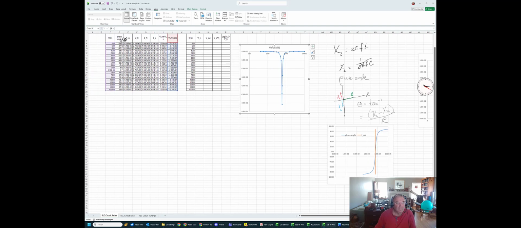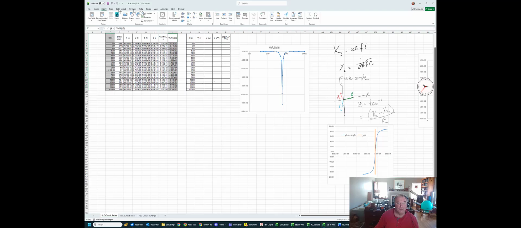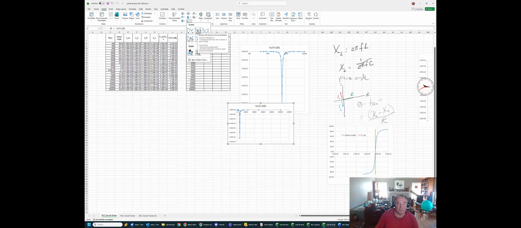So let's just go through it. We have the frequency, and now we hold down the control key. And we say insert chart, and we're going to scatter plot.